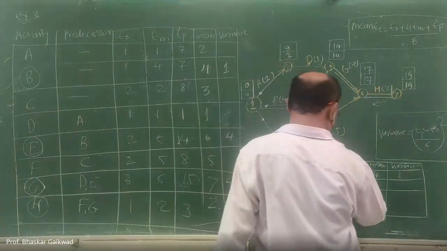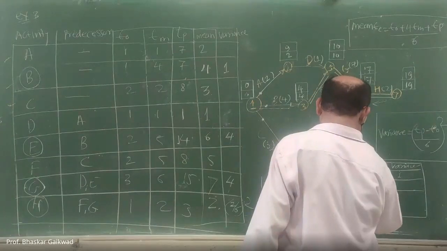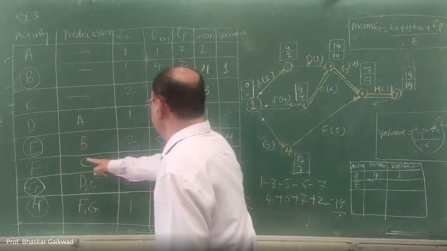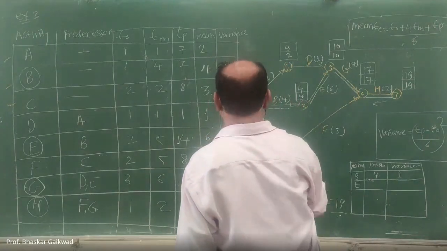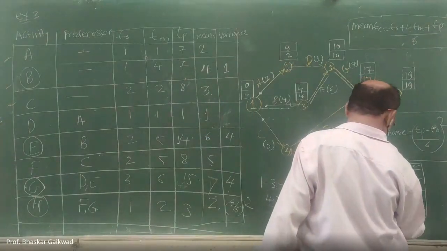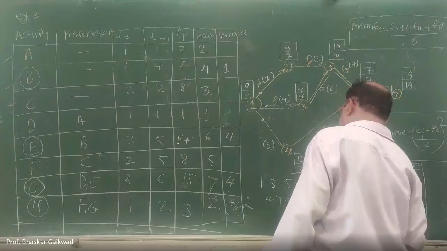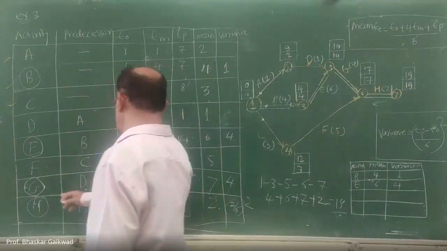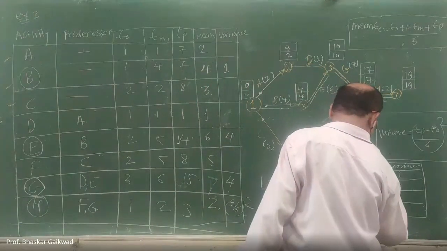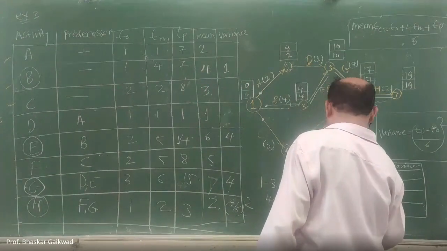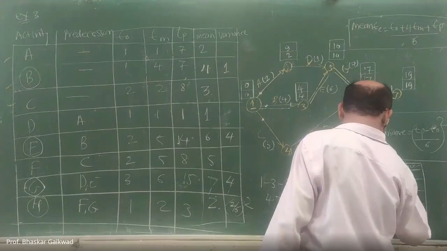So you can write E here, critical activity only. What is the mean for E? Mean is 6 and variance is 4. After that, the next activity G. Mean is 7 and variance is 4.